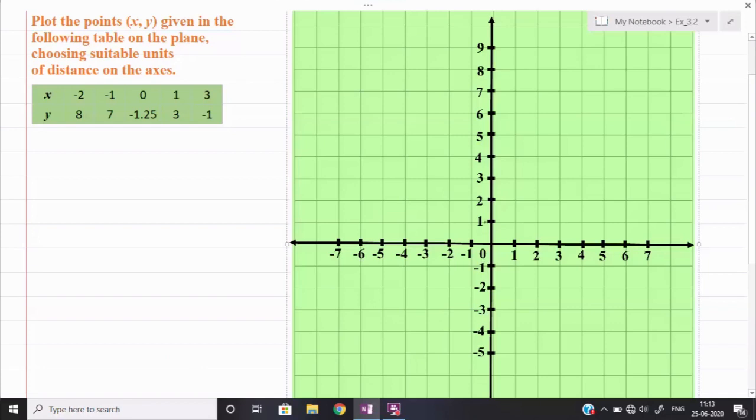I am taking 1 unit in my graph paper, and you know that each and every block of the graph paper is 1 centimeter. So I can write down the scale, always at the right top: scale, 1 unit is equal to 1 centimeter.